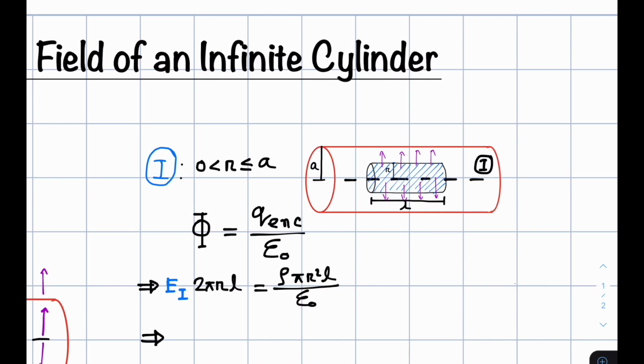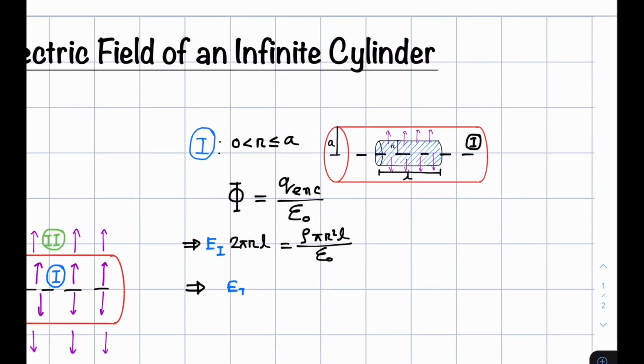So let's find E1 from here. We see that pi and pi cancel out, L and L cancel out, and r on the left hand side cancels out one of the r on the right hand side. Okay, so we can write down E1 as rho times r divided by 2 epsilon naught.